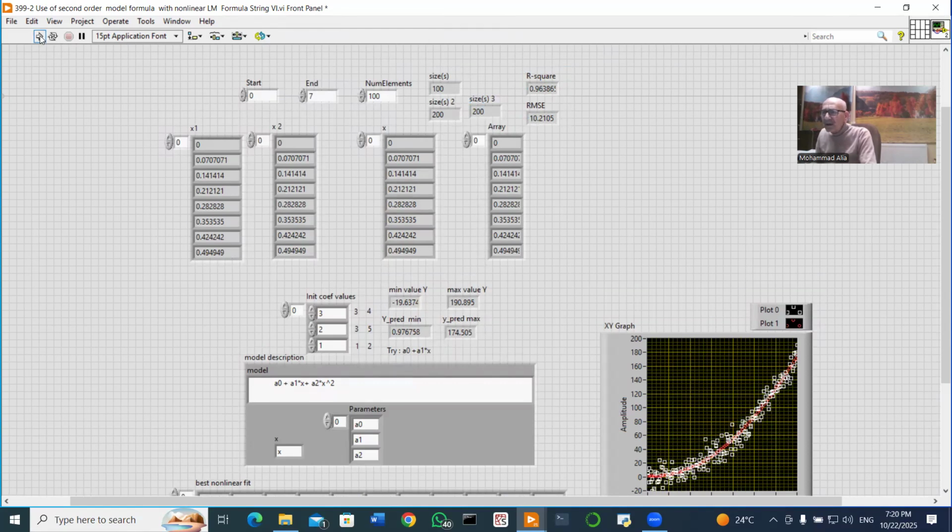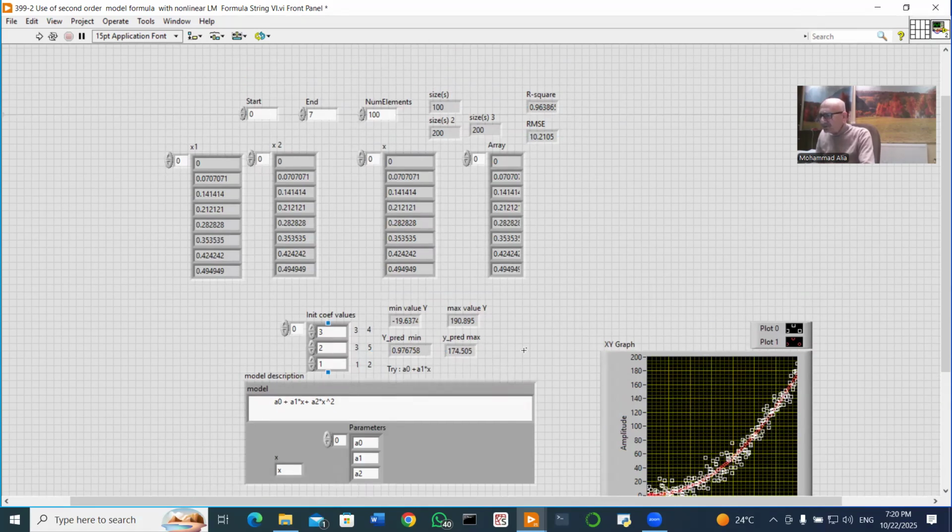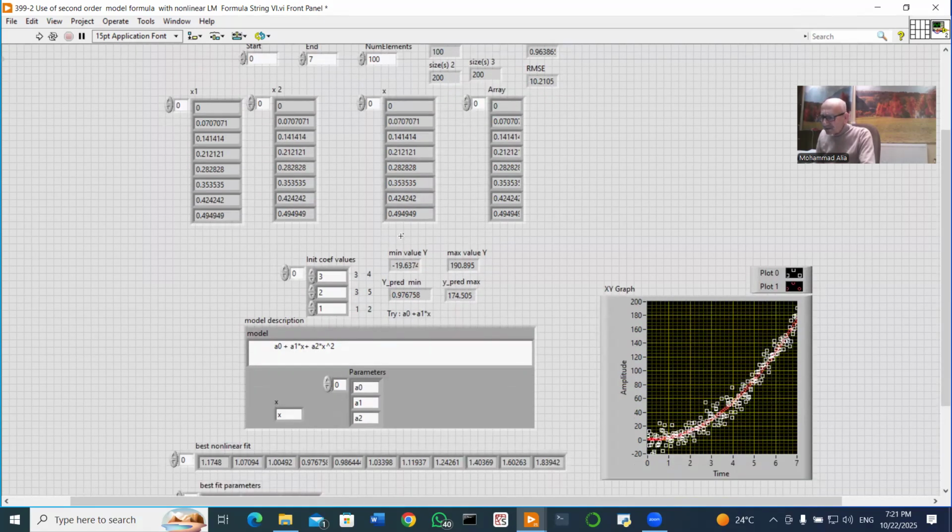If I run the program now, nothing is changing. These are values, and as you see here, nothing has changed. Everything is okay. Of course, as I told you, I can change the initial guess to see the coefficients which result at the output.